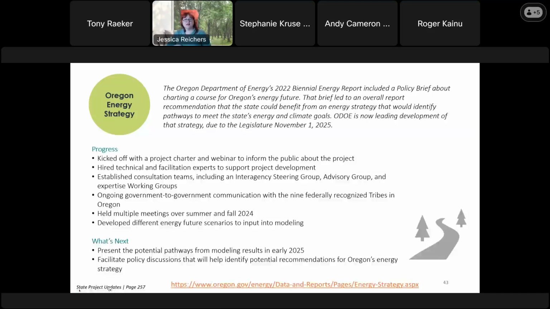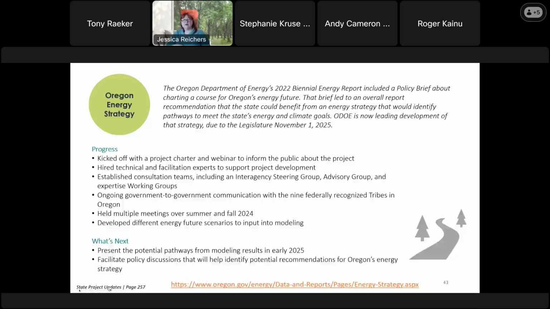This means outlining a strategy that could identify specific pathways to meet the state's policy goals while still maintaining affordability and reliability, strengthening the economy, and prioritizing equity while also balancing trade-offs to maximize benefits and minimize harms. Ultimately, this strategy could be used to make informed decisions about Oregon's energy future and motivate action.